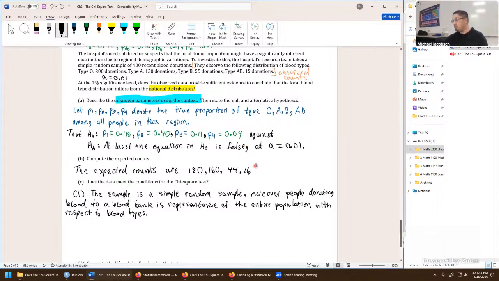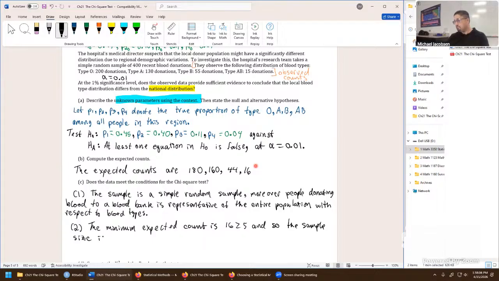And then as far as condition two, we can just say briefly, the minimum expected count is 16, which is greater than or equal to 5. And so the sample size is large enough.